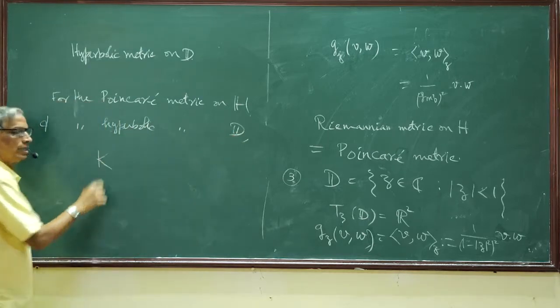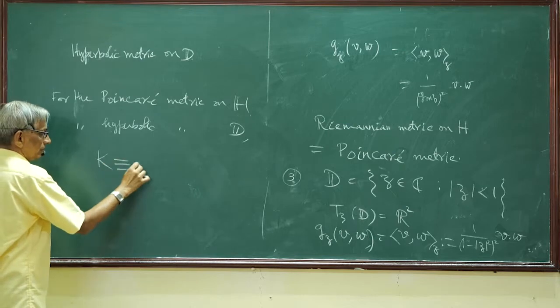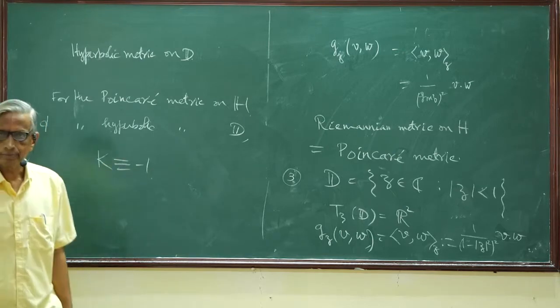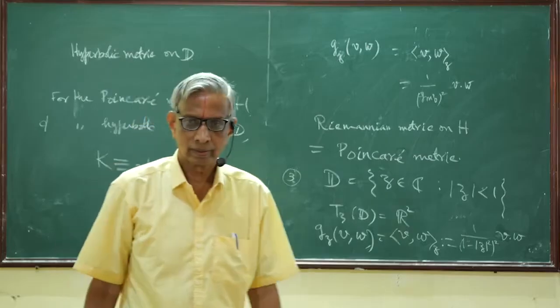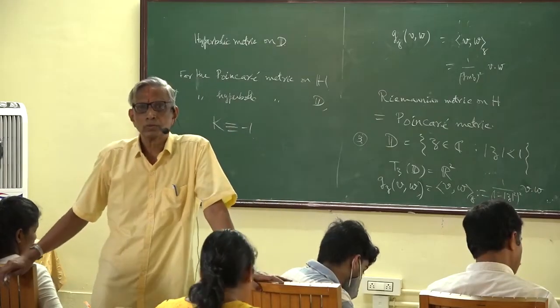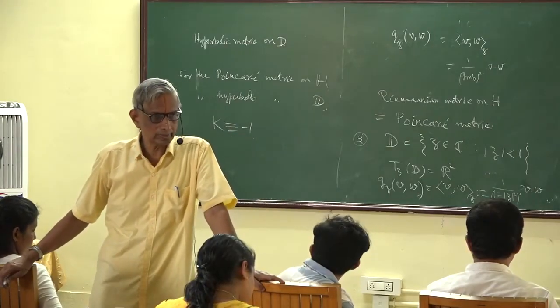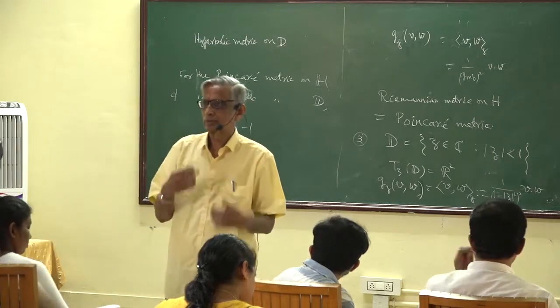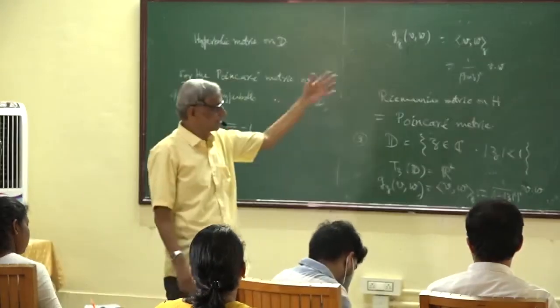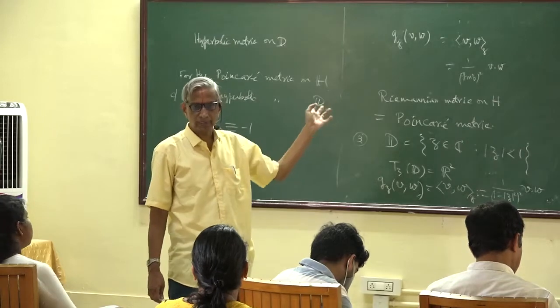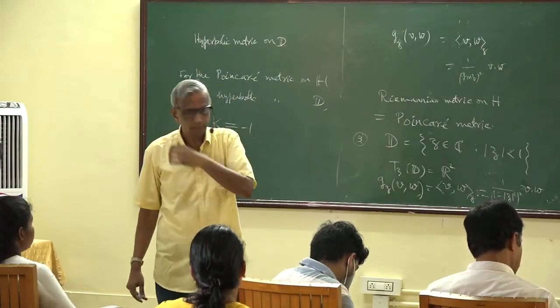The curvature is constant -1. So both of these are locally isometric to the pseudosphere that we have looked at in the morning.